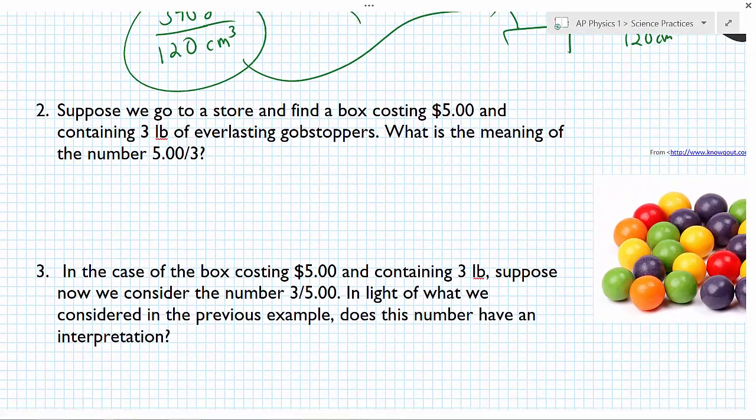Let's look at another example, maybe one that will make a little bit more sense to us. We go to the store, and I love Everlasting Gobstoppers, and I find that they have a box, 3 pounds of these things for $5. It's a deal. And so my question is, what is the meaning of the number 5 divided by 3?